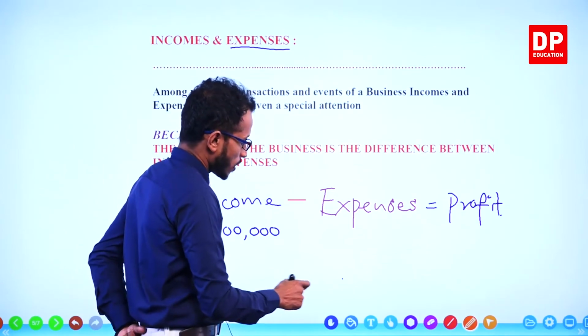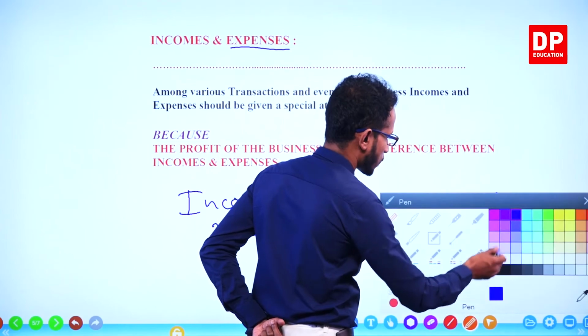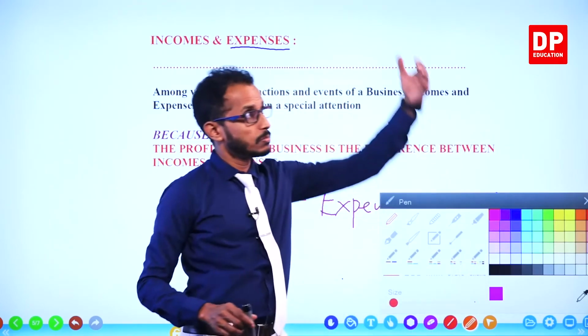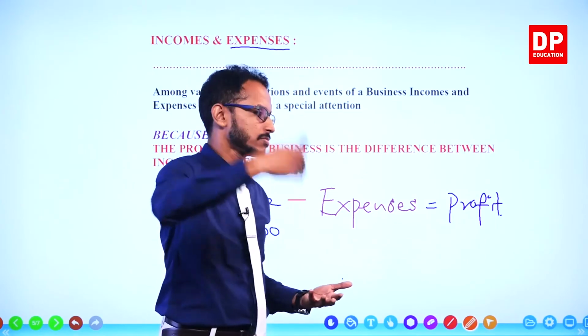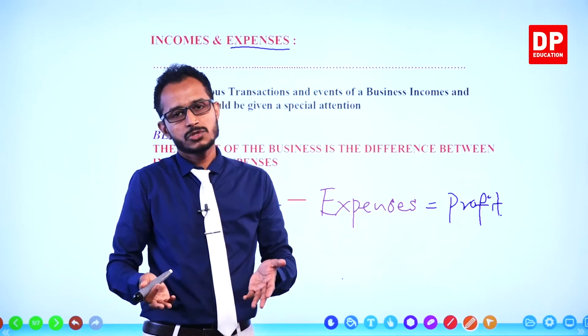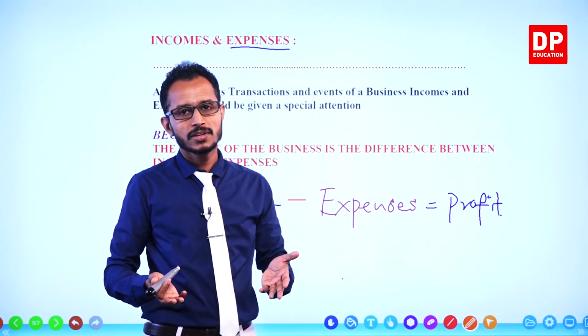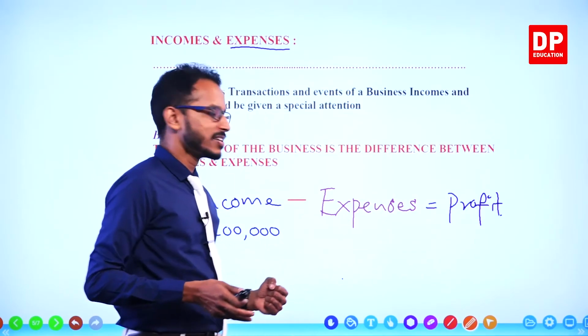Okay. The cost of those phones. I don't get phones out of the blue skies. Phones don't fall from the sky, or Santa Claus doesn't bring the phones to my shop. Phones have to be bought from suppliers, right?